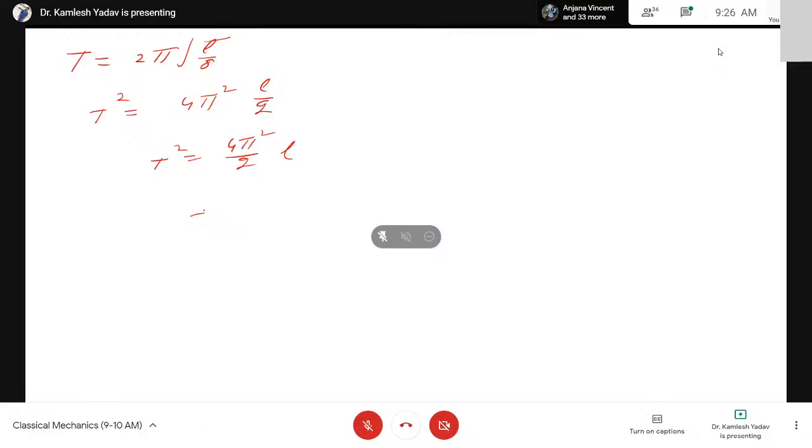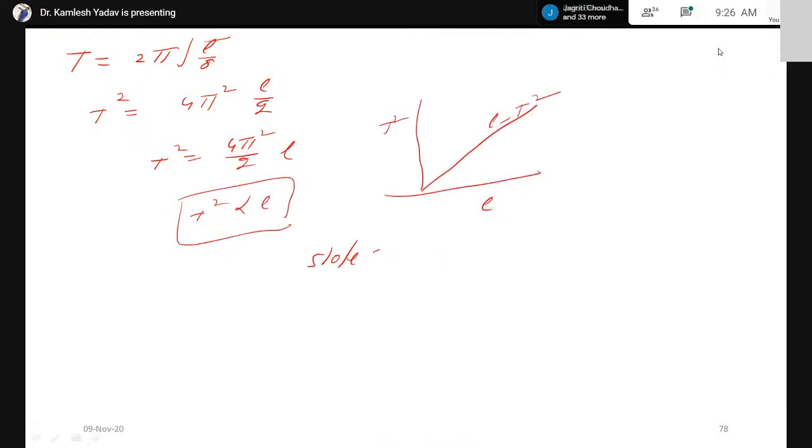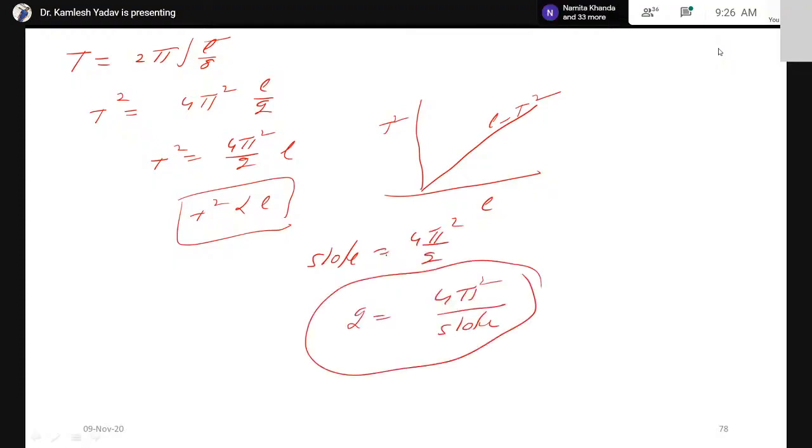If this is linear, we can find the slope, and this slope will be equal to 4 pi square upon g. Therefore from this we can find the acceleration due to gravity. Using the simple pendulum experiment, we can determine the acceleration due to gravity.